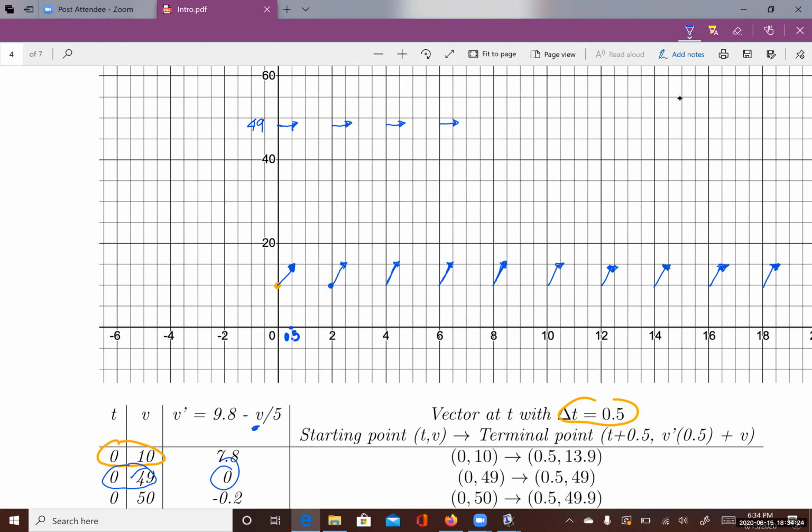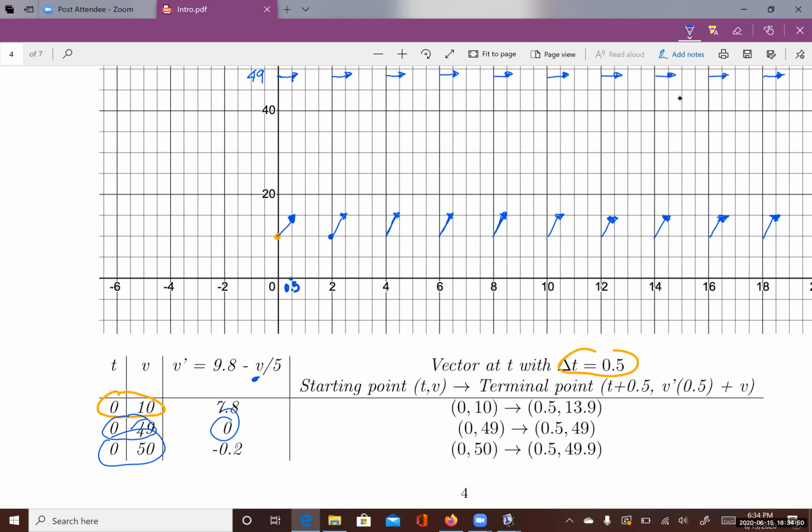Now look at the point (0, 50). At (0, 50), I found that v prime is negative, and they have the starting point and the terminal point right here. So 50 is up here.